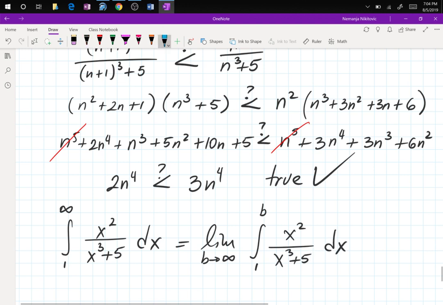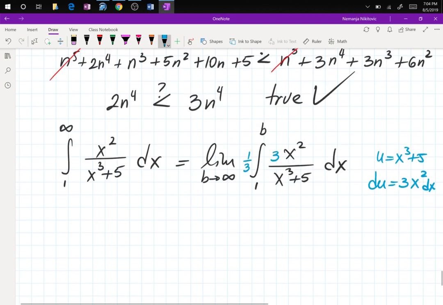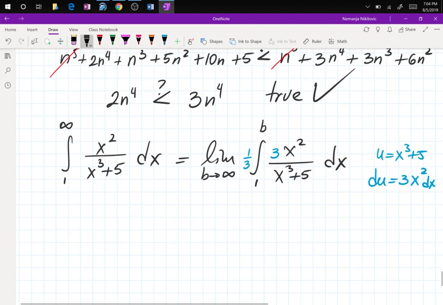It's a u sub, so u equals x cubed plus 5, du equals 3x squared dx. I don't have a 3, so I'll put a 3 and 1/3 to make u sub work.